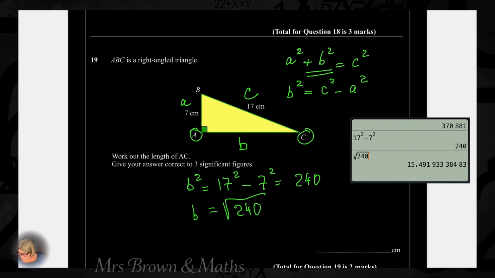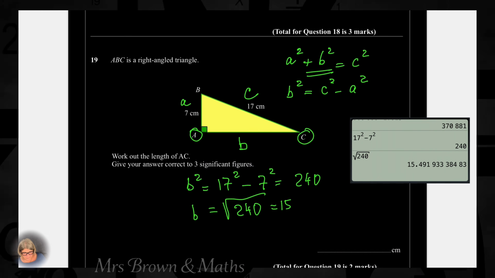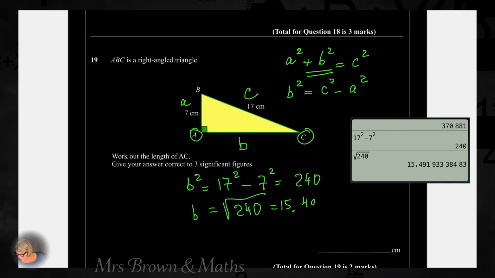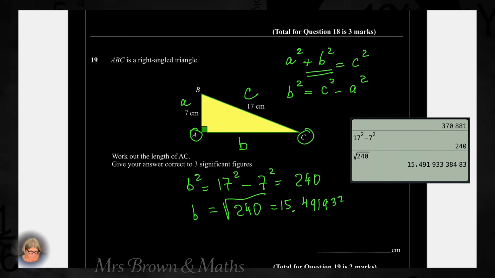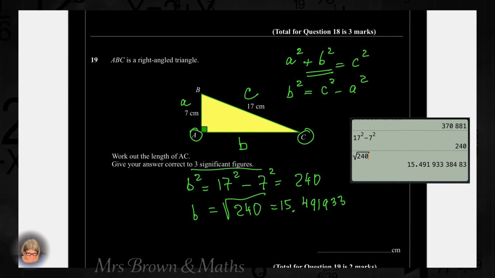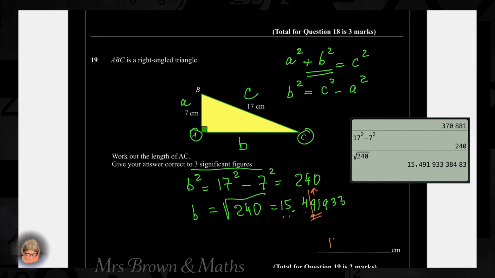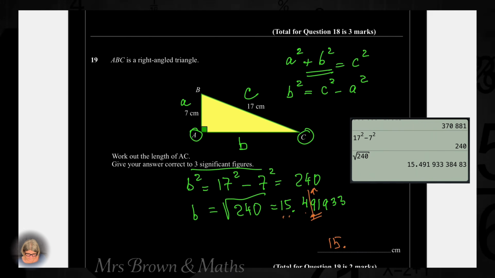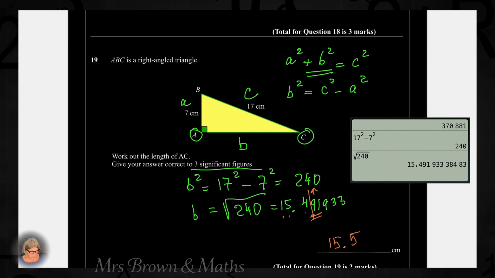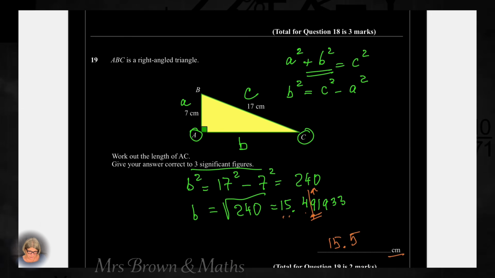So it is 15.491933. 3 significant figures, right? 1, 2, 3, but we have to check the following digit, which is 9, so I have to round up. So the answer is 15.5.